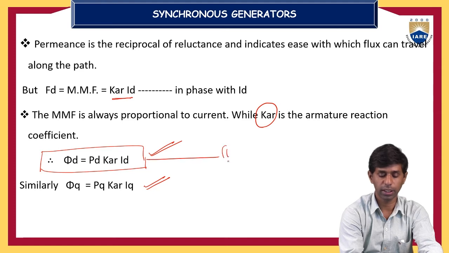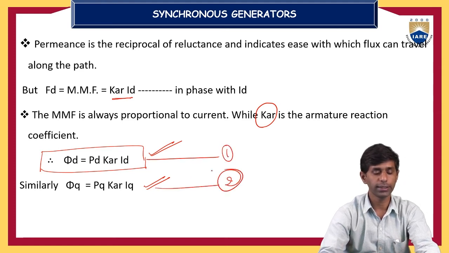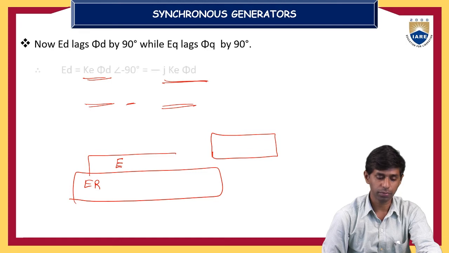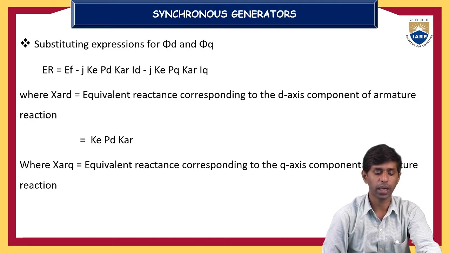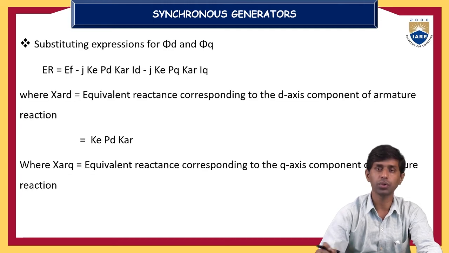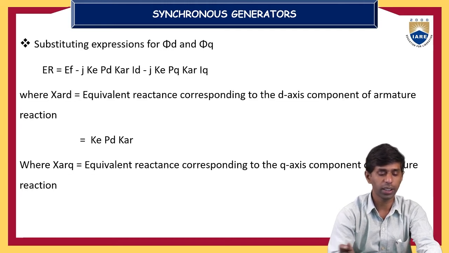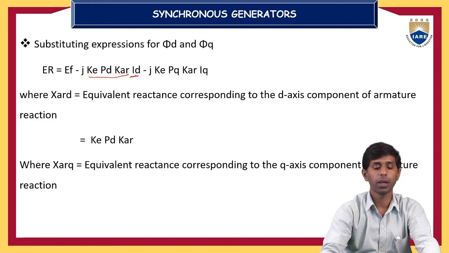Let us call these equation number 1 and equation number 2. Phi D is equal to permeance into armature reaction coefficient into the direct axis component. Similarly for phi Q. Substitute those values in the resultant induced EMF expression, that is ER is equal to EF minus j into Ke PD KAR into ID.